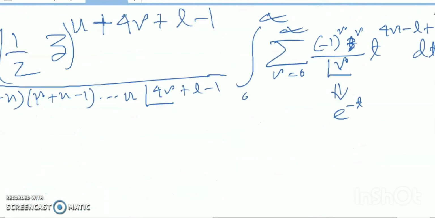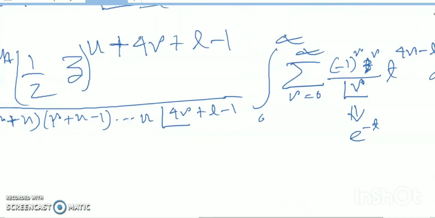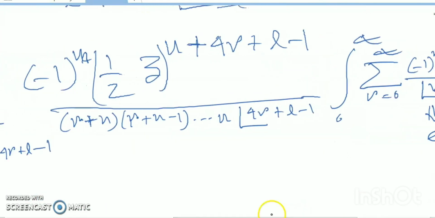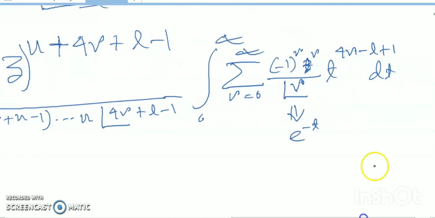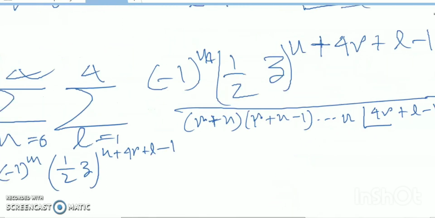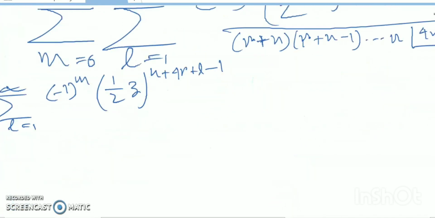So e to the power minus t, t to the power 4n minus l plus 1 can be written as a gamma function.